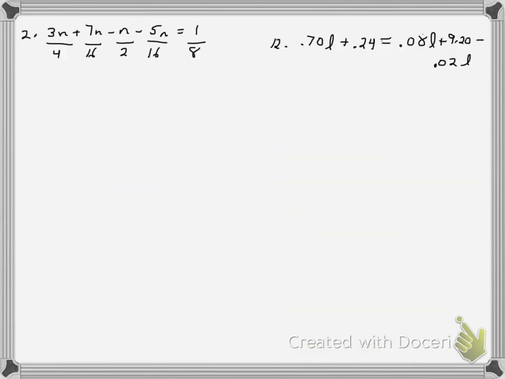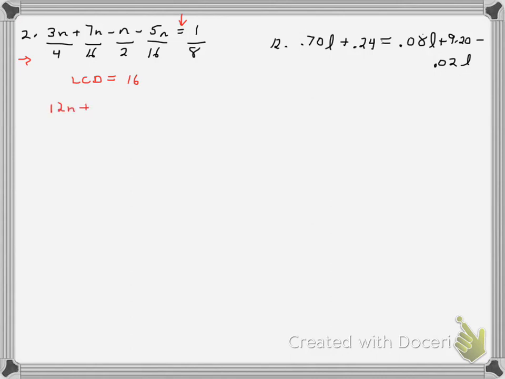Now for having an equation with fractions, we're going to do the same kind of idea. We're going to identify our least common denominator. And when we're working with numbers like this, hopefully you've had enough practice that by now you recognize simply that this is going to be 16. So if I multiply the first term by 16, 4 will go into 16 4 times, and I'll get 3n times 4, or 12n.